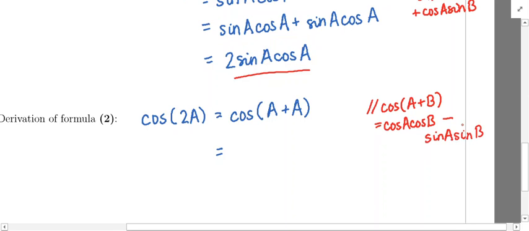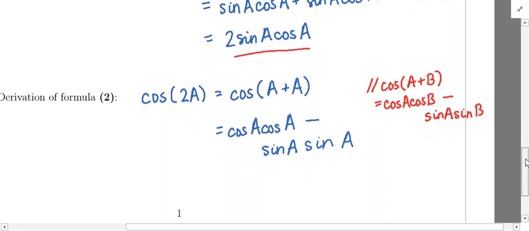We just did that in the last section. I'm going to apply this to the cosine of a plus a. So here, instead of having arguments a and b, both of the arguments are going to be a. So I'm going to get the cosine of a times the cosine of a minus the sine of a times the sine of a.